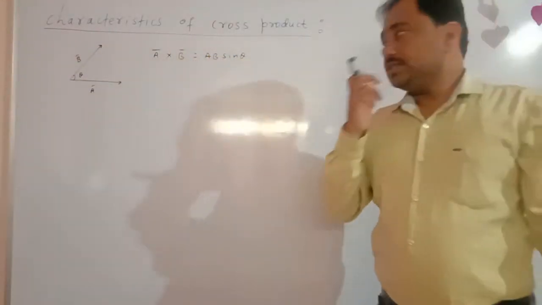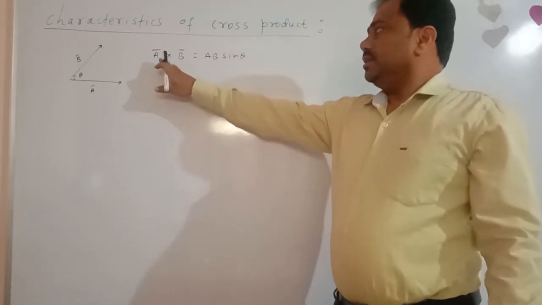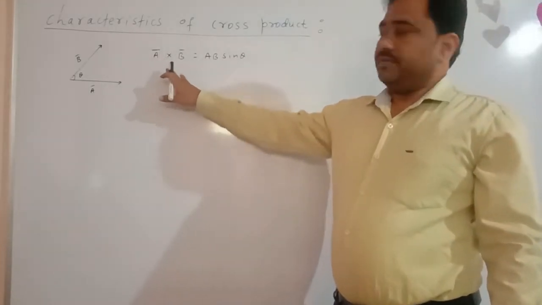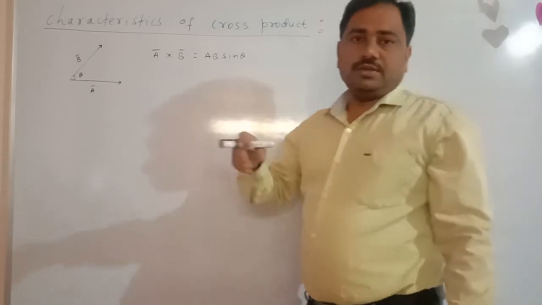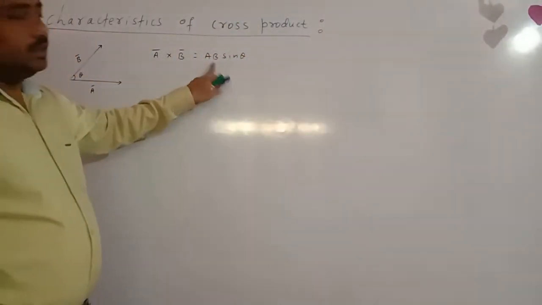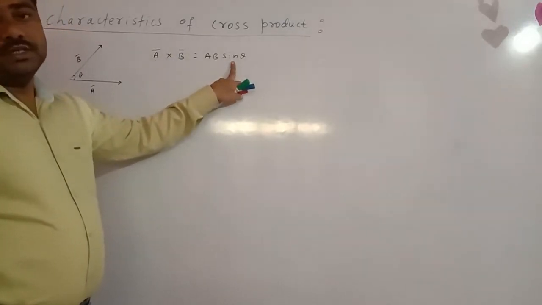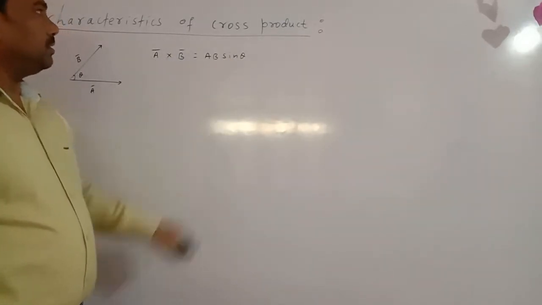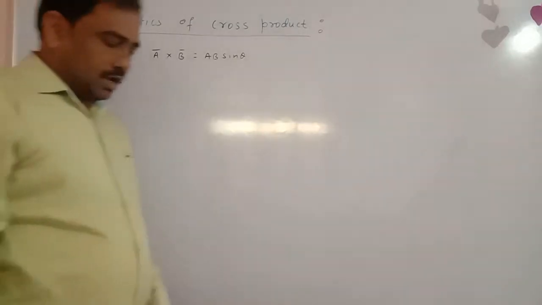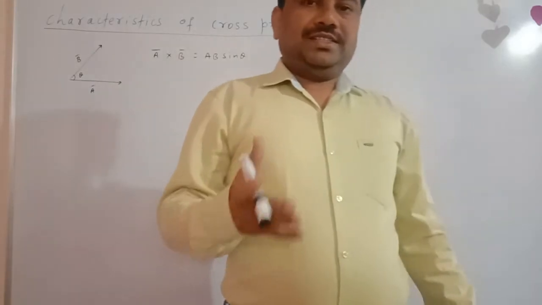So in the case of vector A cross vector B, first of all you should write the magnitudes, that is A and B, the magnitudes of these two vectors, and write down sine theta. So this is about the cross product which we have seen. Now the characteristics: the commutative law cannot be obeyed here.